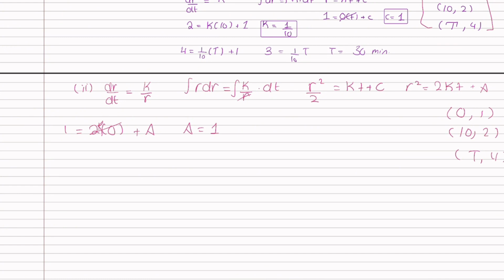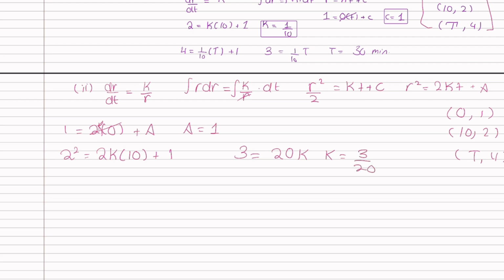To find k, we plug in the second point. So 2 squared, which is 4, equals 2k times 10 plus 1, which means 4 minus 1, that's 3, equals 20k, and therefore k in this case is equal to 3 on 20. Now to find the time, it's pretty simple.